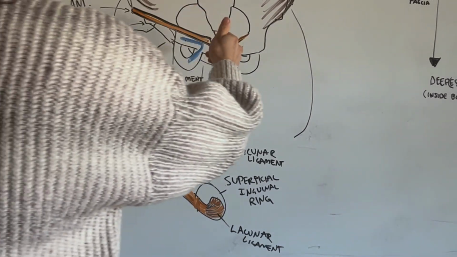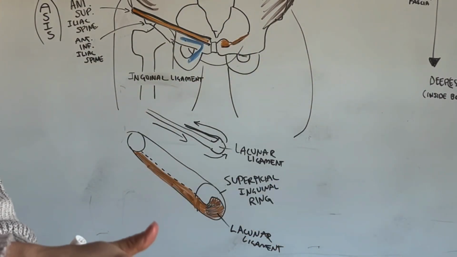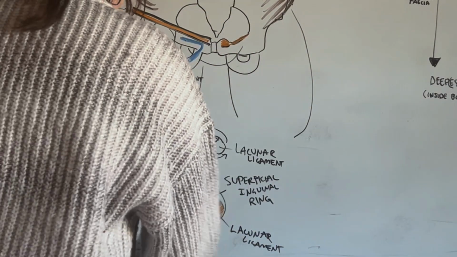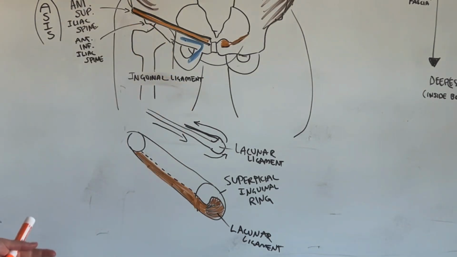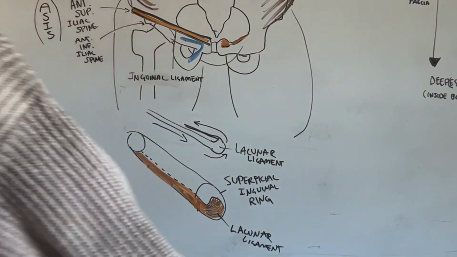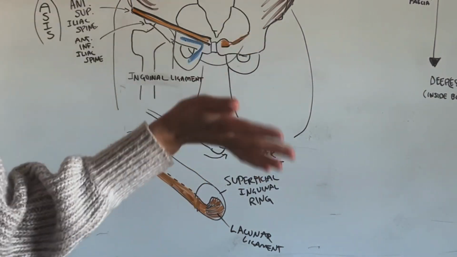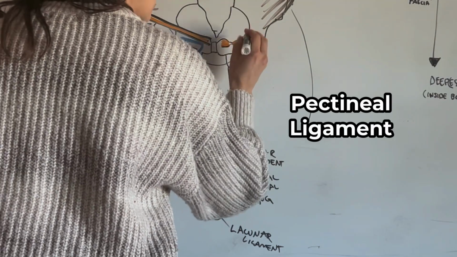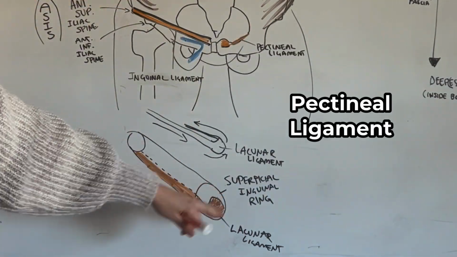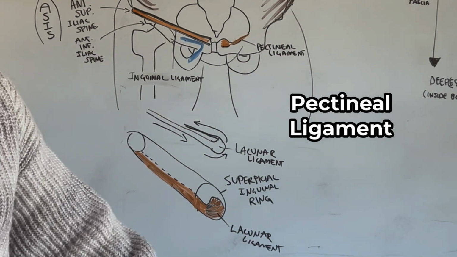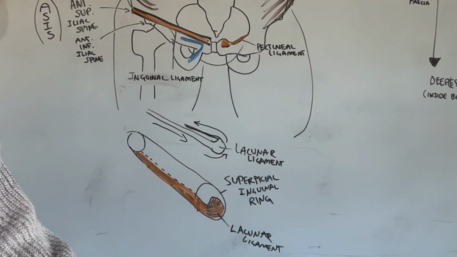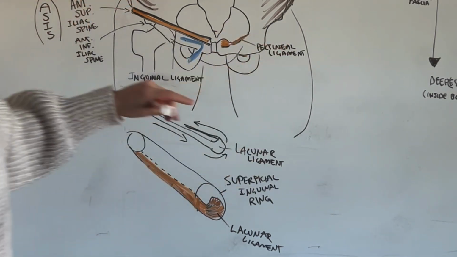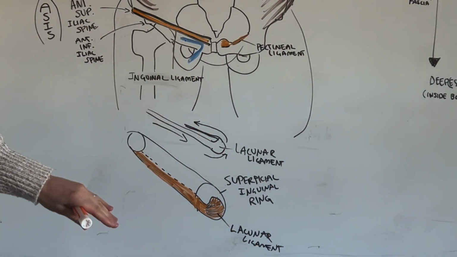Remember that pectineal line I randomly mentioned for some reason? This was the reason. The pectineal ligament is a portion of the inguinal ligament. After it was lacunar ligament, now it is called pectineal ligament because it's on the pectineal line. Pectineal ligament, lacunar ligament, inguinal ligament, all really a part of the same structure, all continuous with one another, but we name them different things based on where they are. So that is what's going on with those ligaments.